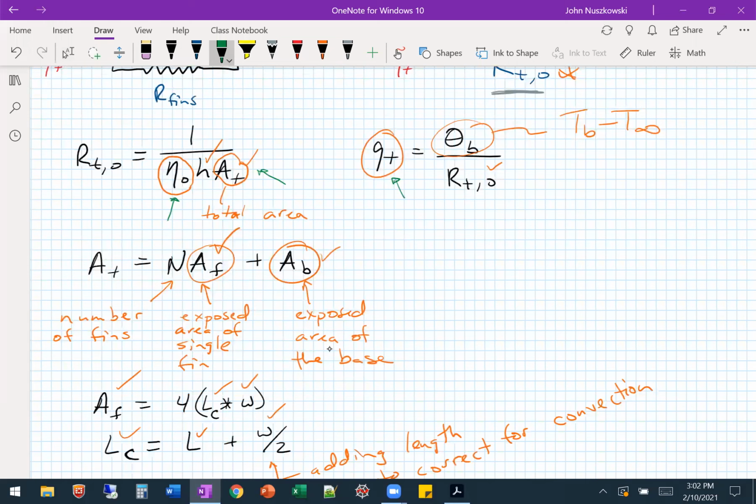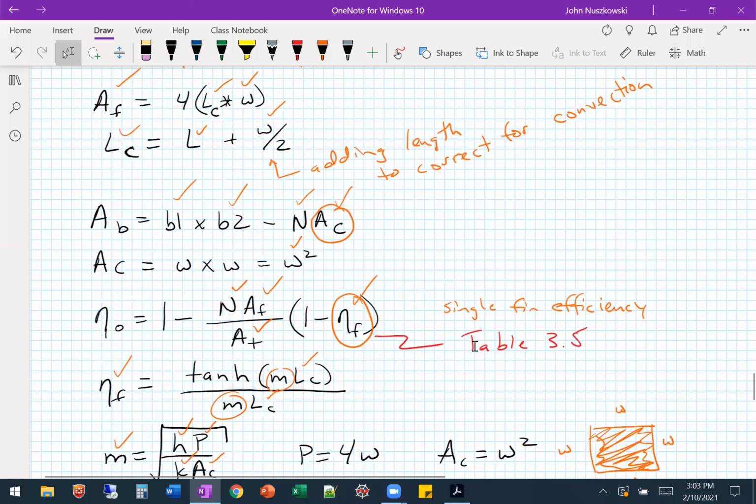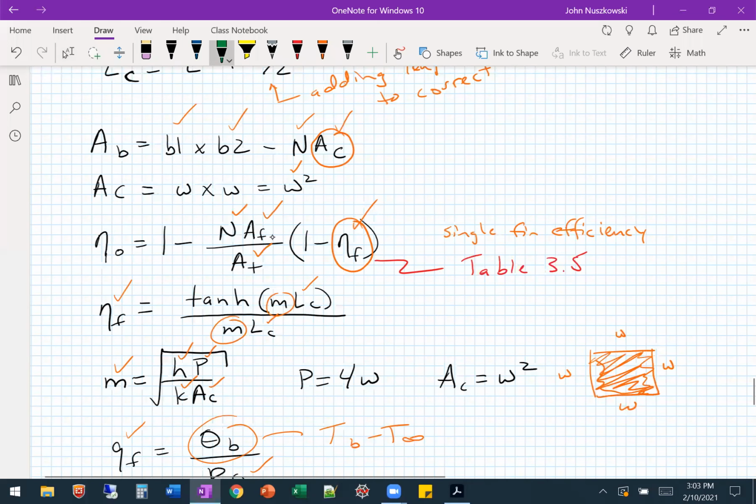For total area, we used the number of fins, the exposed area of the fin, and the exposed base area. We went through and got those parameters for the area of the fins, the exposed base area, and the overall fin efficiency, which required the single fin efficiency.